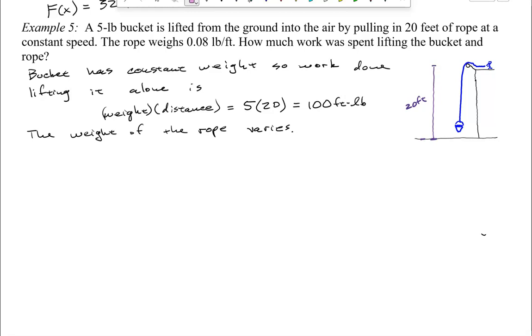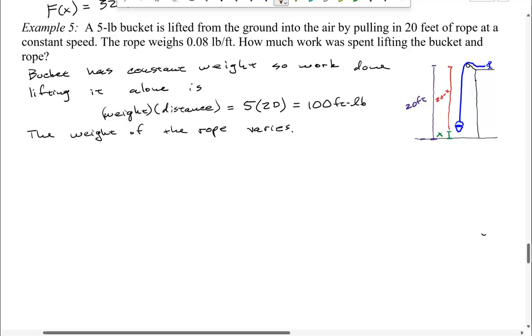So let's introduce a variable here. Let's talk about maybe the distance that the bucket's off the ground. So I made the bucket super close to the ground here, but I'm going to call that distance x. And that's going to leave this red distance to be 20 minus x.